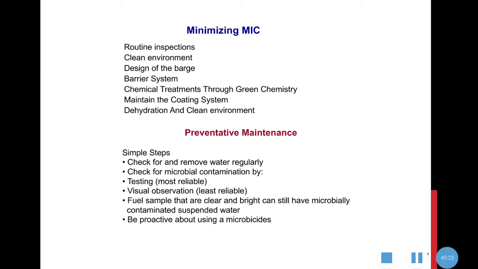So that means there is something wrong with the fuel. Maybe there is contamination due to microorganisms occurring in the tank or in the pipeline. Then be proactive about using a microbiocide. We use microbiocide to overcome the issues that can contribute to MIC occurring.